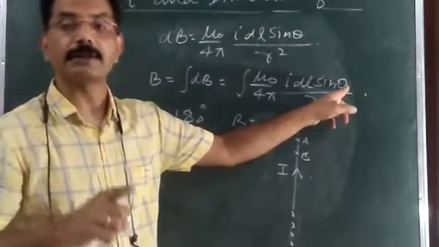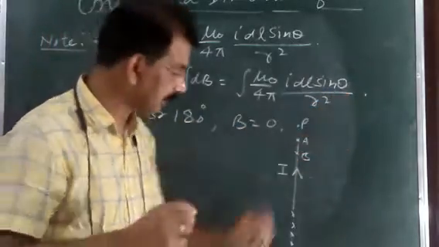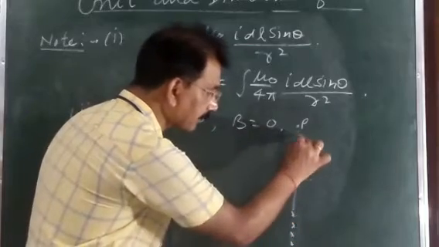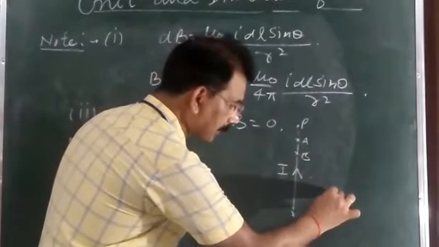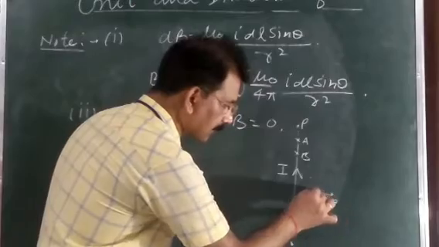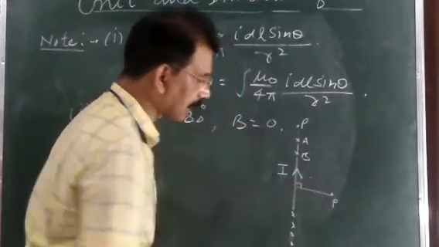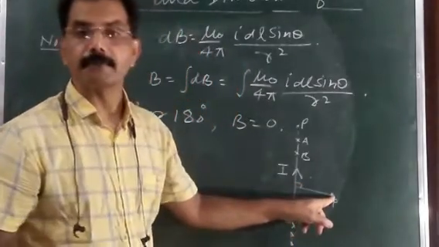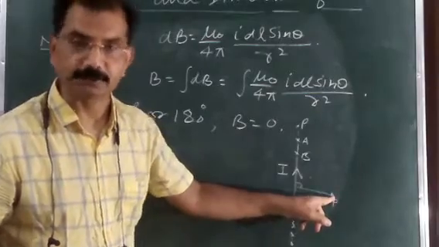So at that point the magnetic field becomes maximum. For example, this is a current element I, we took this point P, and it makes an angle of 90 degree, so at this point the magnetic field will be maximum.